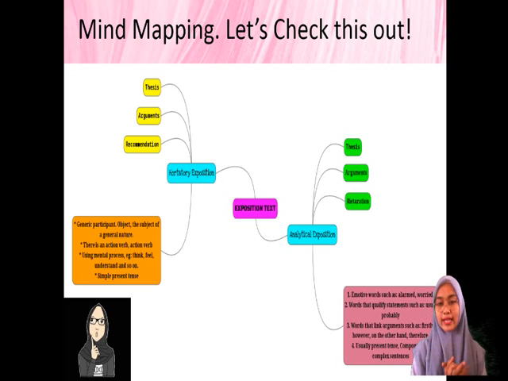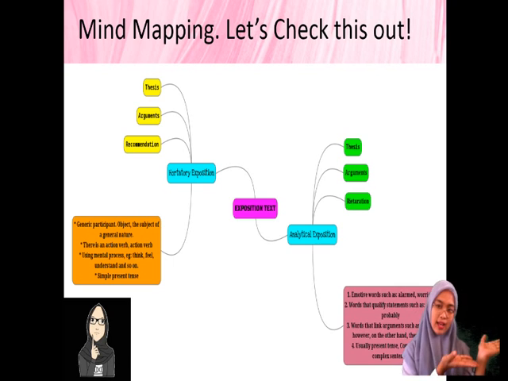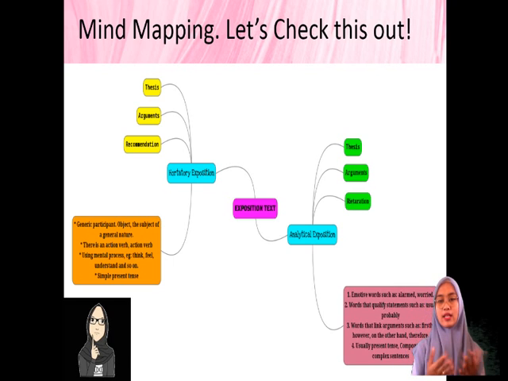Exposition has two kinds: the first one, analytical exposition, and second, hortatory exposition. It's so different. You can look at my slide.